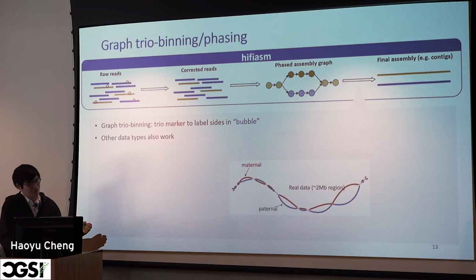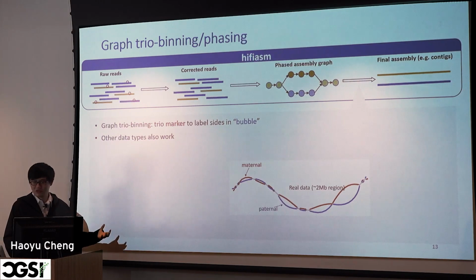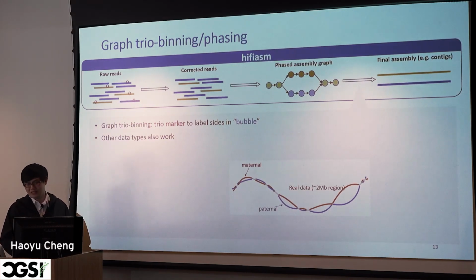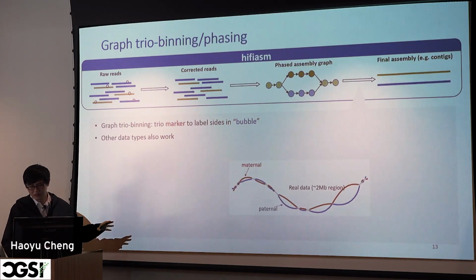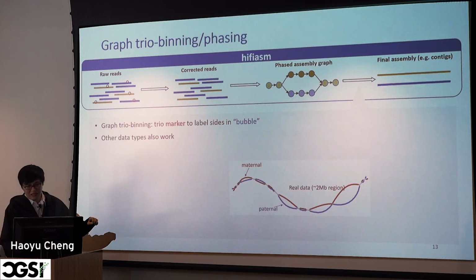Here I'm just showing a real genome. It's from HG002. It's just a sub-region, and we see it is still a chain of bubbles. There are many of the nodes in red that come from the mother. We call them maternal nodes. And we also have a lot of nodes in blue that come from the father.